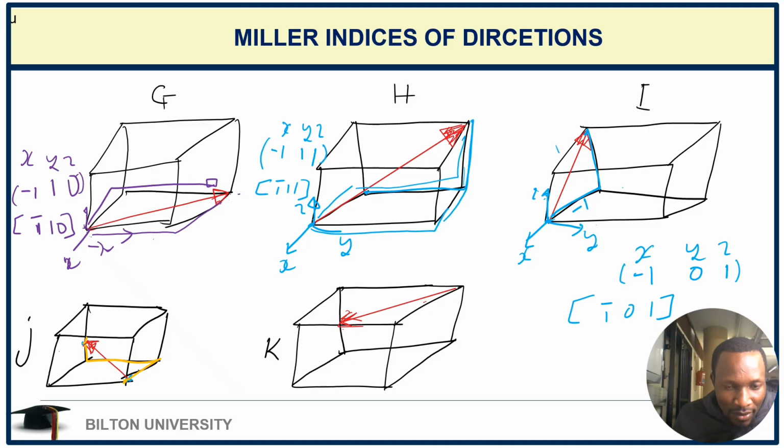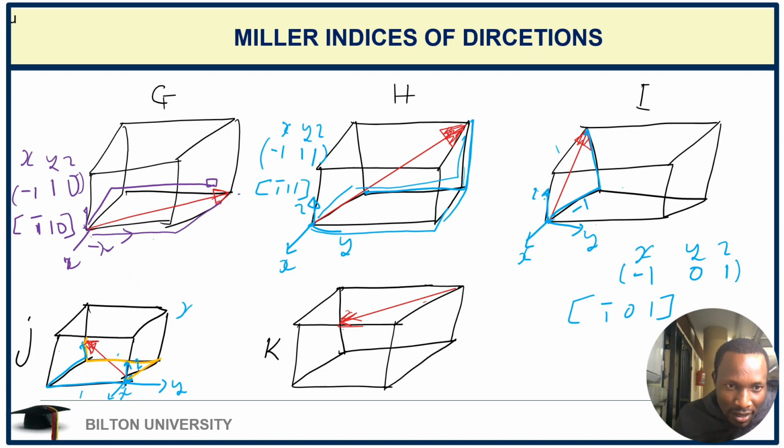Once you have chosen the origin, let me adjust the ink. This is our origin, so this is y, this is z, and this is x. This is the same as moving like this, moving this, and reaching here. No matter whether you choose this or this, it's going to give you the same.